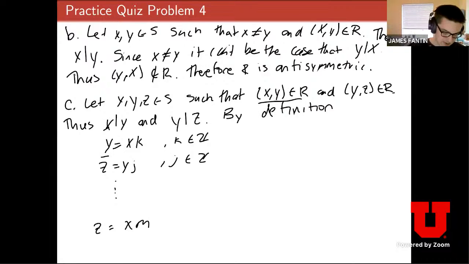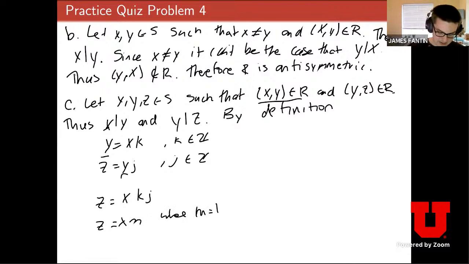Well, we can do a little substitution here. We have y is equal to xk and z is equal to yj. So z is equal to x times k times j. Then we can say that z is equal to x times m, where m equals kj, and m is an integer by closure.